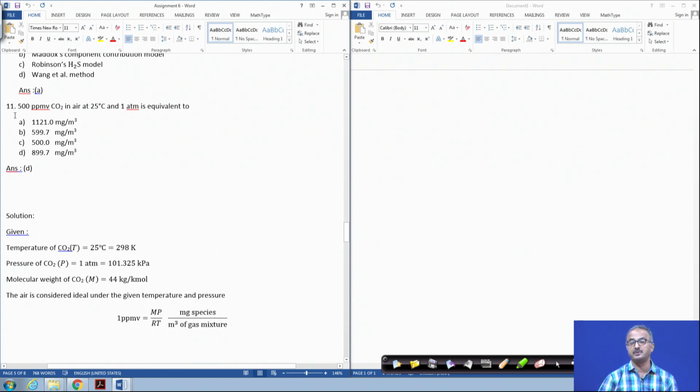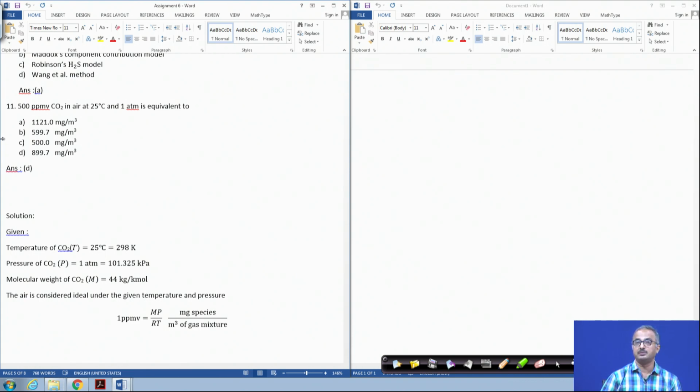This problem asks you to convert. It is very important that you know the conversion of parts per million into mole fractions. Here it is asked in milligram per meter cube, with some temperature and pressure given. This is very important, and this kind of problem comes up in day-to-day life also, especially when we talk about the various types of pollutants in the air.